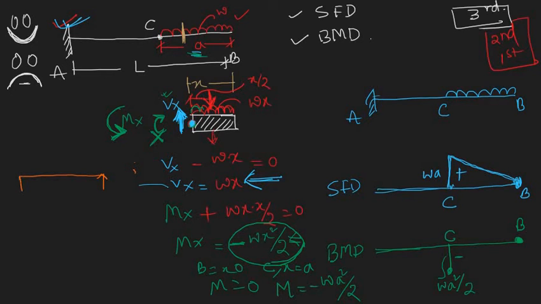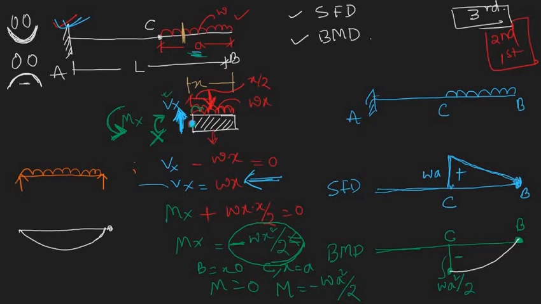This was a simply supported beam, and it was our UDL load. And if you can recall, our BMD was like this. So here the bending moment diagram is going to be like this, correct? Not at all.